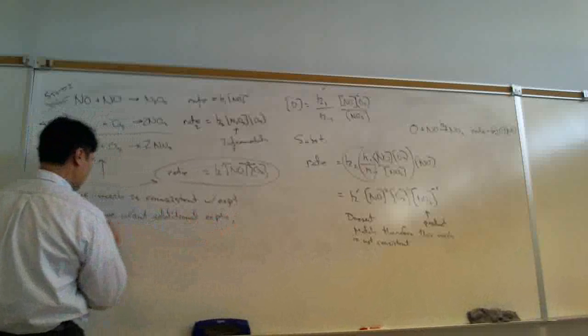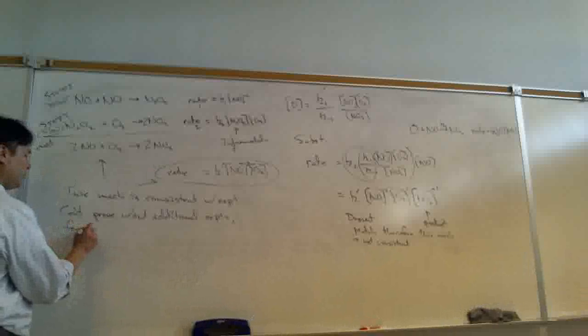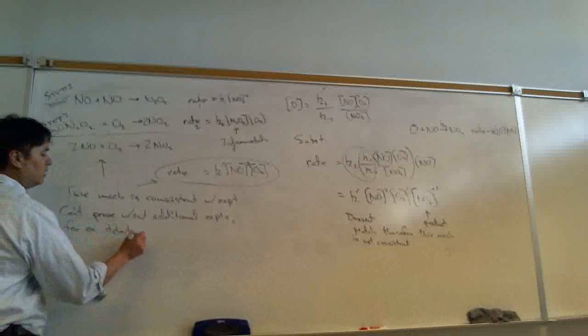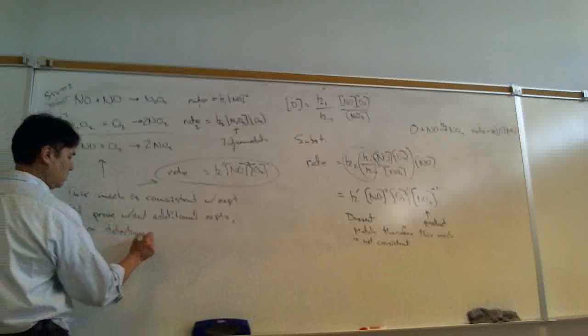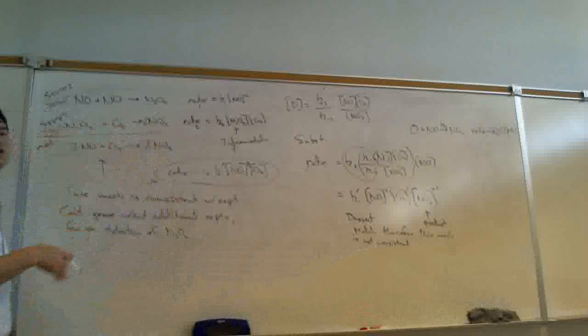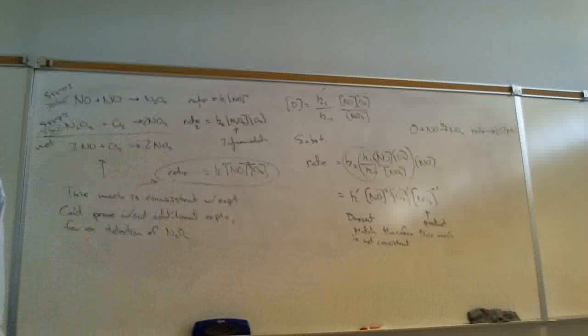An additional experiment, for example, would be the detection of the intermediate N2O2. If we did an experiment where we could detect the presence of N2O2 as it's being formed and consumed, then maybe that would be pretty good evidence that this could be it.